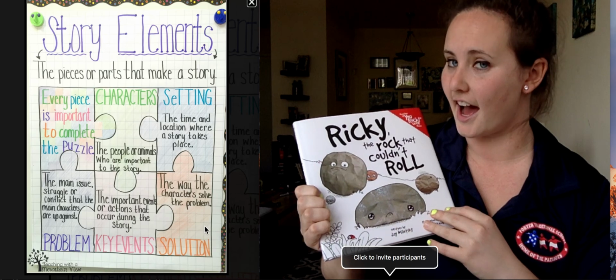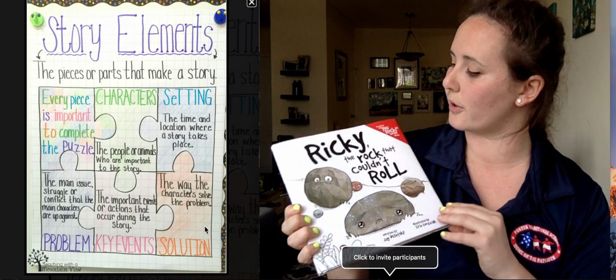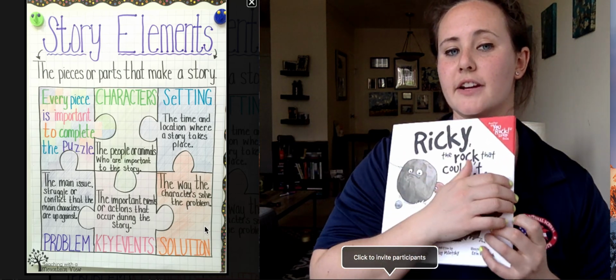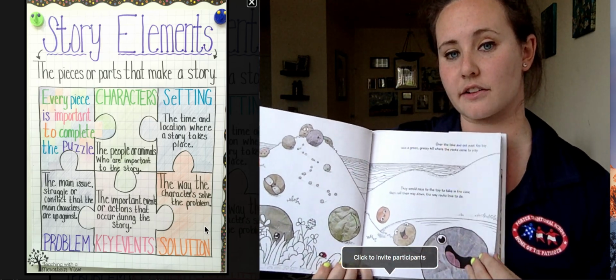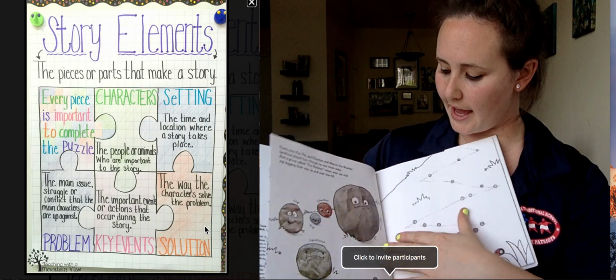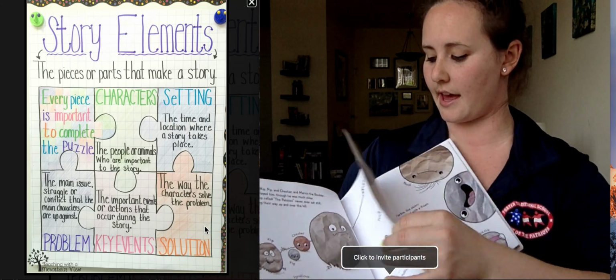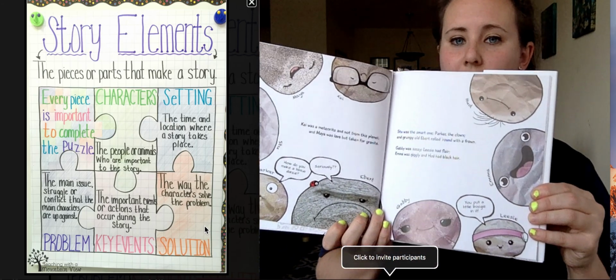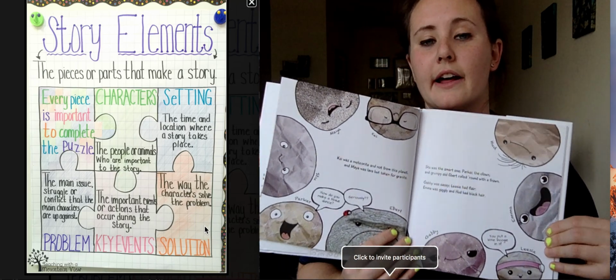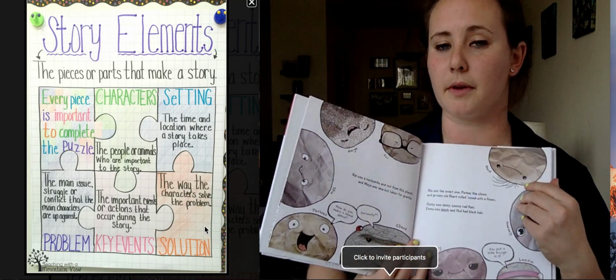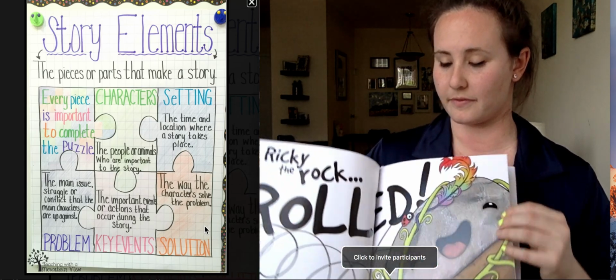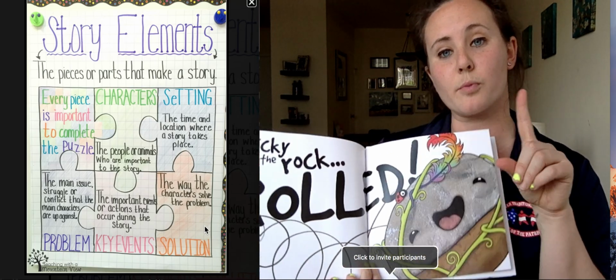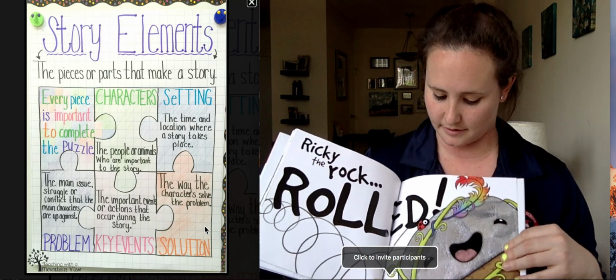All right, I think one important thing was that Ricky had a lot of friends who were around him. He had his pebbles, he had the big boulder, he had all these friends that were there to help him in the beginning, the middle, and the end of the story. And they all helped him get to rolling, right?